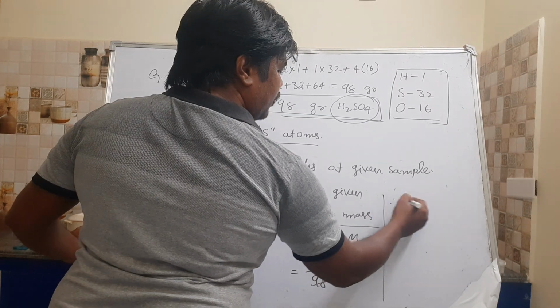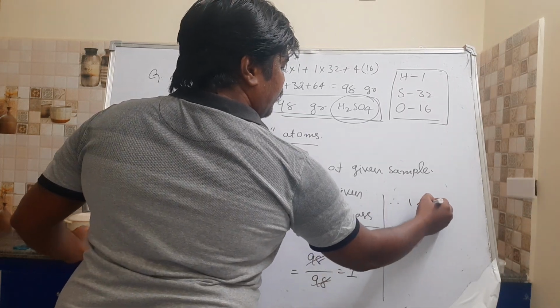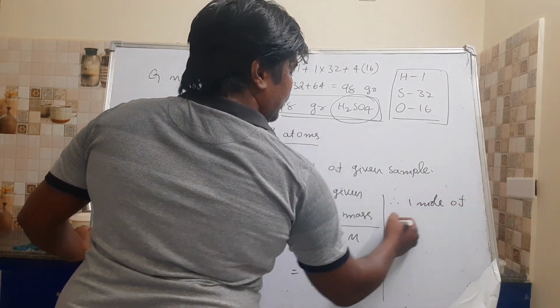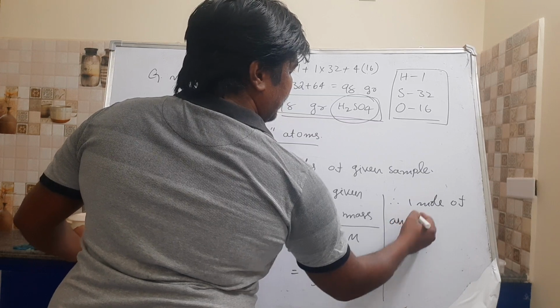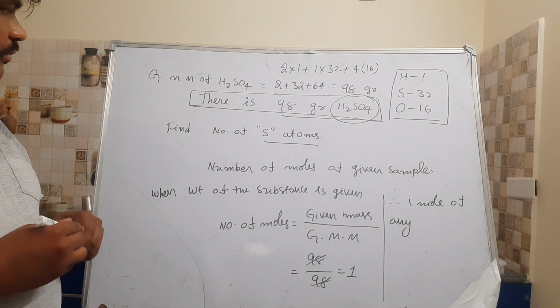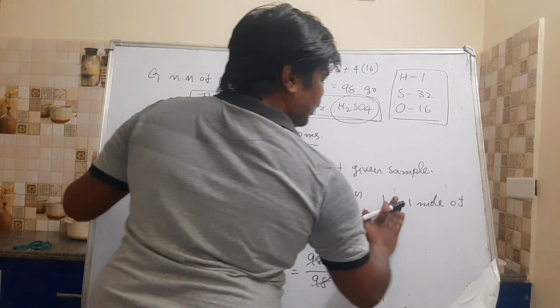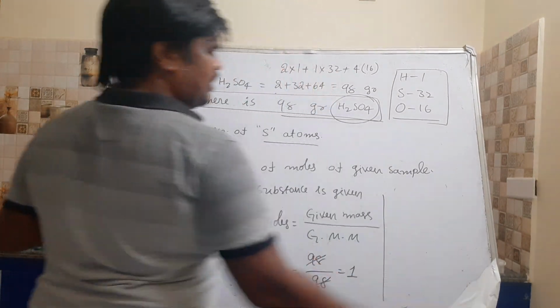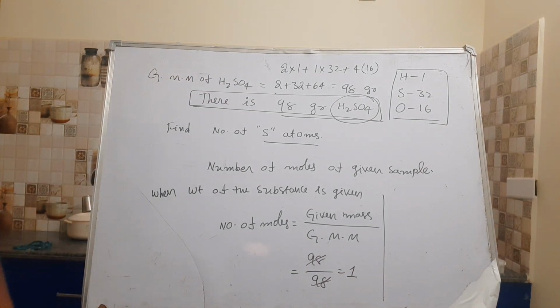Therefore, 1 mole of any substance, see, 1 mole is nothing but what? Avogadro number, right? 1 mole is nothing but Avogadro number.